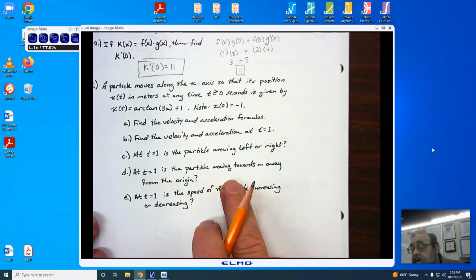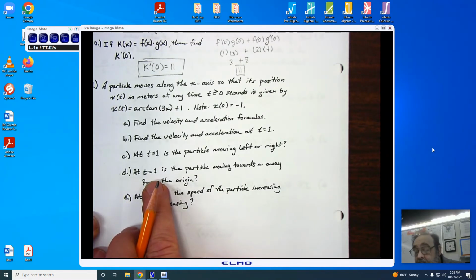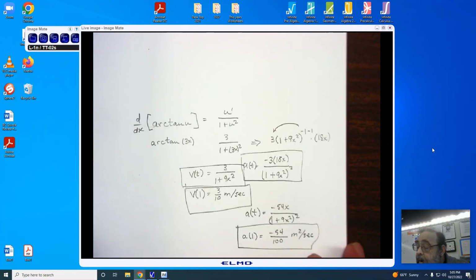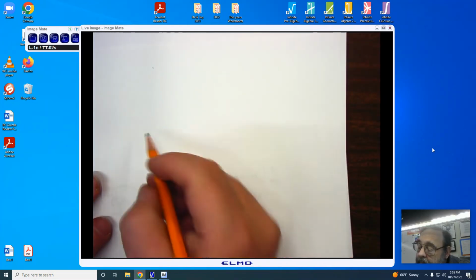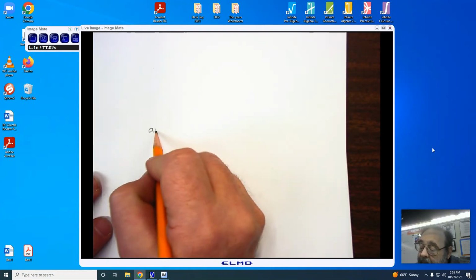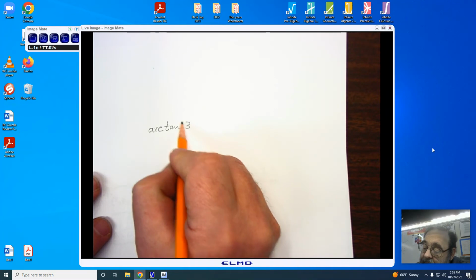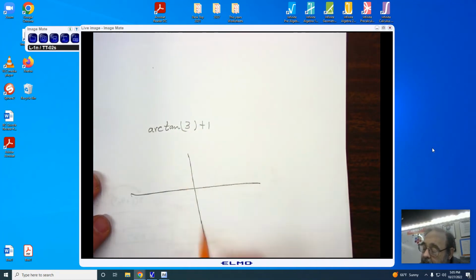And this requires us to know the value of our position at 1. So let's just take a quick peek. Since we're talking about the arctangent of 3 times 1, which is 3, plus an arbitrary 1, we can go to the graph of the arctangent.